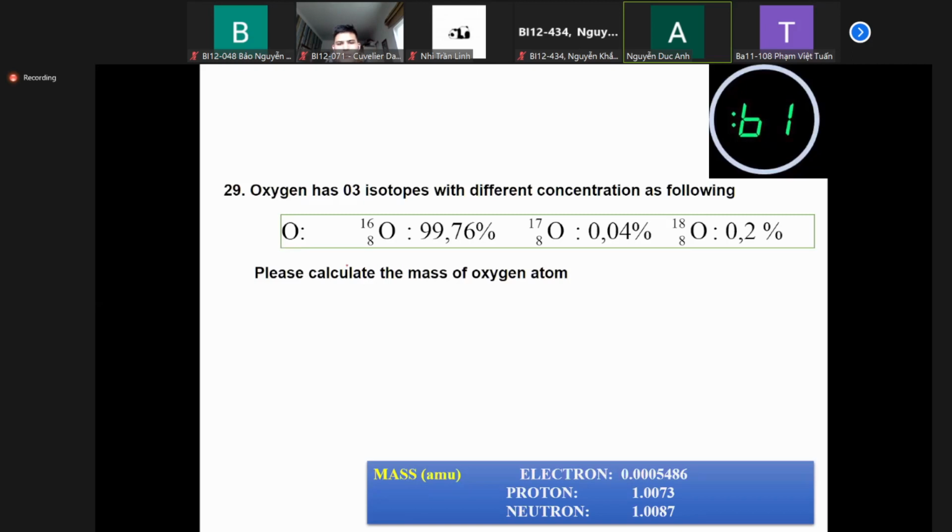Okay, so we can consider the average mass of oxygen equal to the mass of the first isotope multiplied by the percentage of the concentration of oxygen 1.